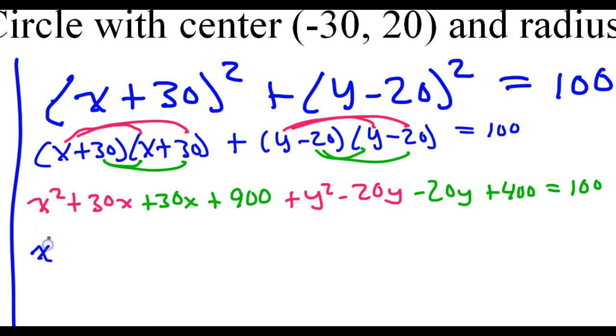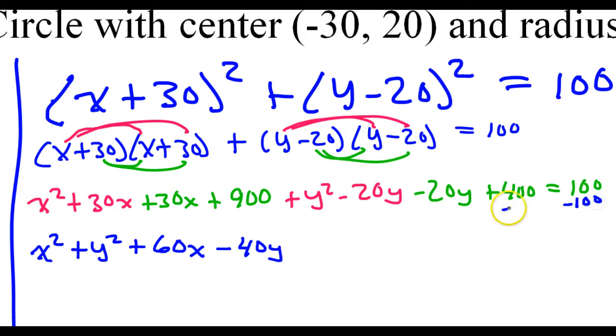So I'm going to have x squared from that, and then might as well go to my y squared. The 30x plus 30x is 60x. Okay, negative 20y, that's negative 40y. So that's all the variables. Got to put these together, but might as well subtract 100 right now.